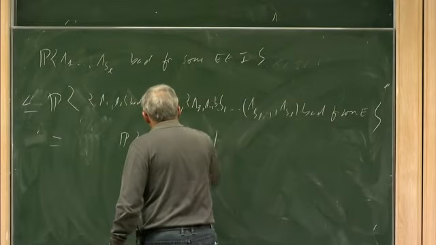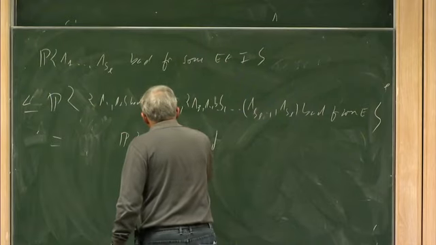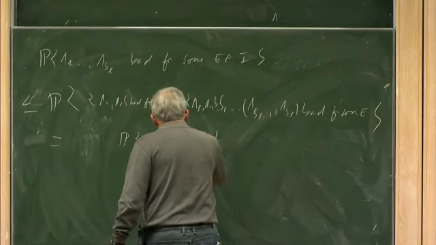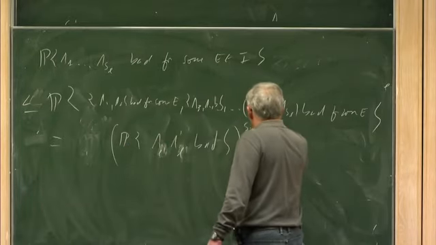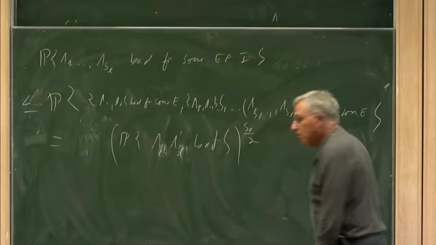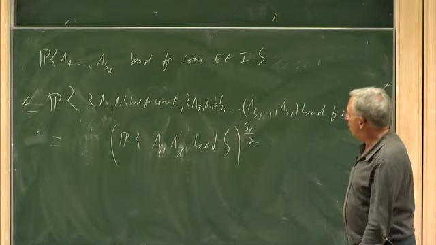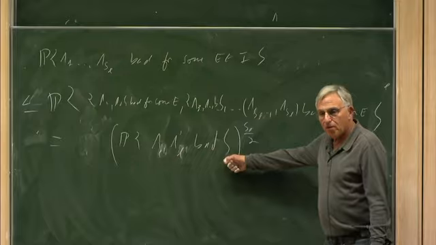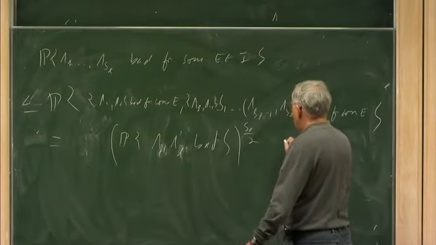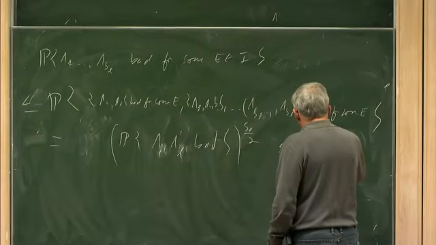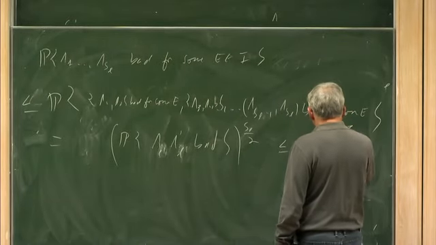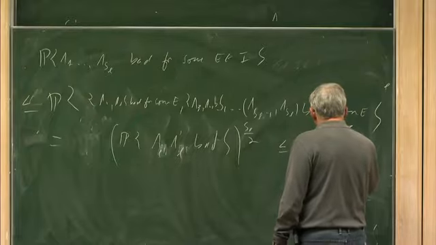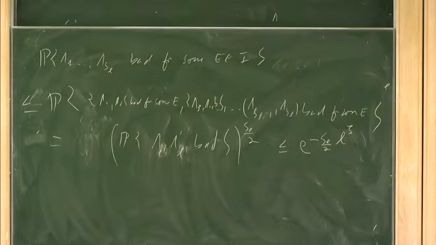Since the probability is the same, I have 2 disjoint boxes of size L, and they are bad, and I should have these to the power SL over 2. Just independent. But my induction hypothesis knows what that is. That is less than e to the minus L to the zeta. So I just should multiply it by minus SL over 2.